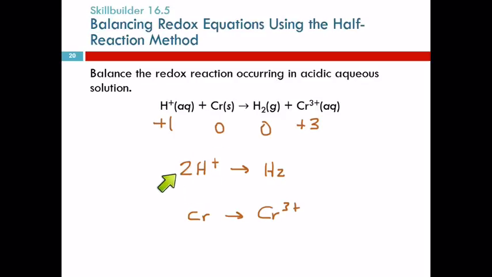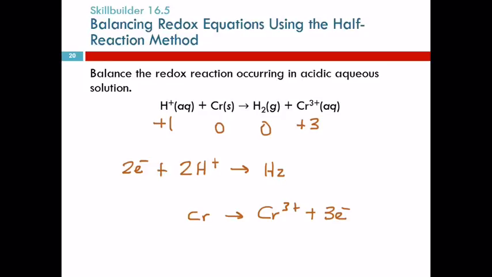Total of +2 charge over here, 0 over there. I'm going to need to throw in 2 electrons on this left side. So 2 negatives plus 2 positives, total charge on the left, 0. Total charge on the right, 0. Chromium to chromium 3+. So if I put 3 electrons over here, then this side will have a 0 charge.